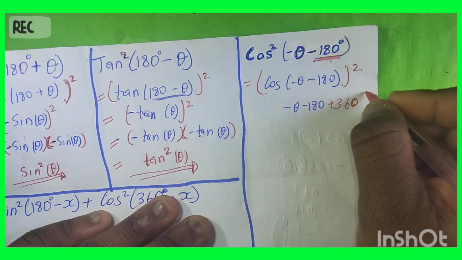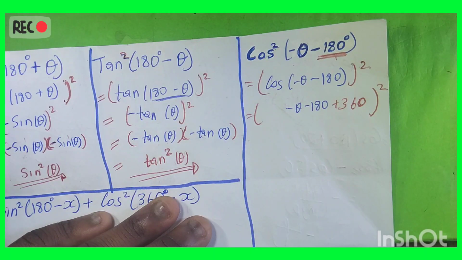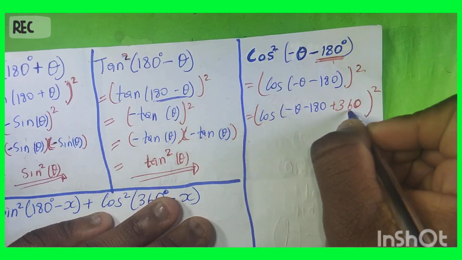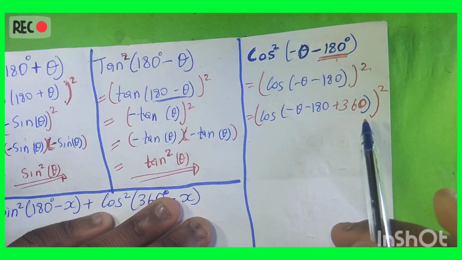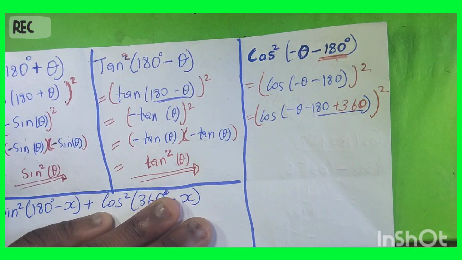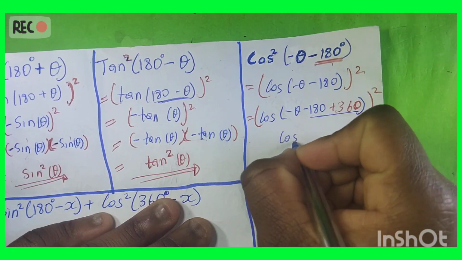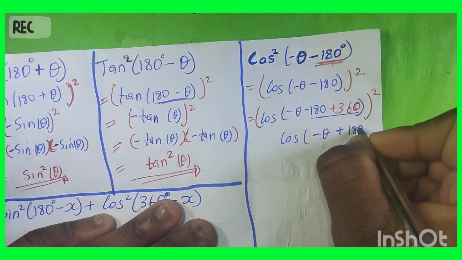And don't forget that we still have that exponent 2 there, which is here we just have cos. Yeah, the only thing that I did there, I just added 360, and all of this, after adding that 360, is supposed to give me what? Cos of negative theta plus 180 there.